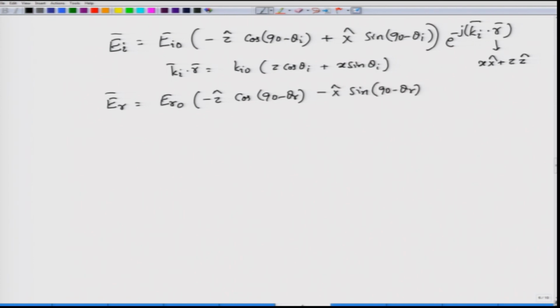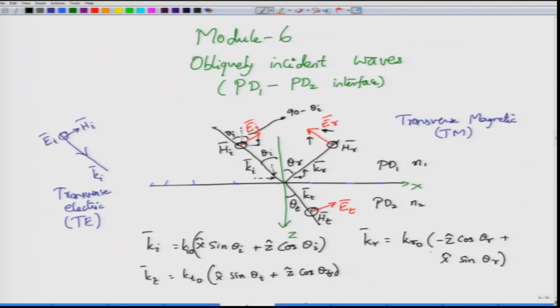This we have done for the electric field component itself, but you need to have e to the power minus j kr dot r. I am not putting e to the power plus j kr dot r because the reflected wave is only negative for the z component, not for the x component. So, this is e to the power minus j kr dot r. We know what kr dot r is because we have already seen what kr is from the previous expression.